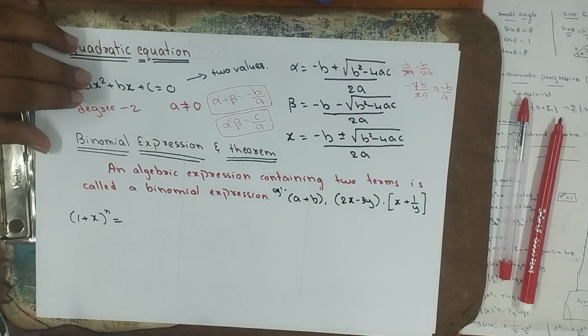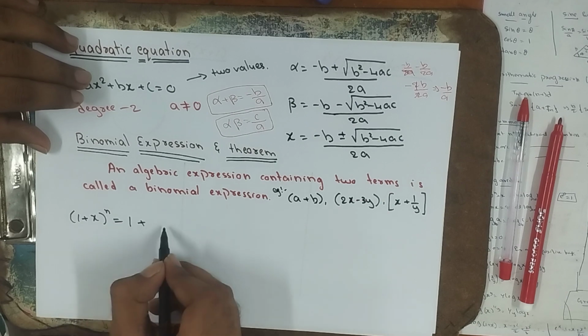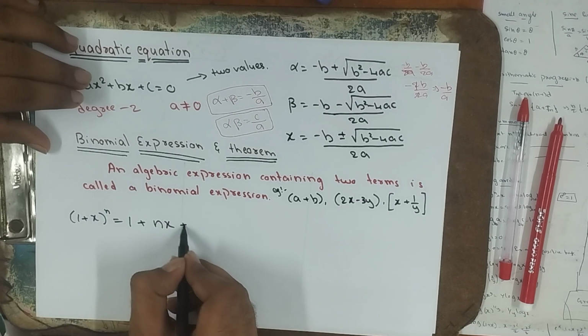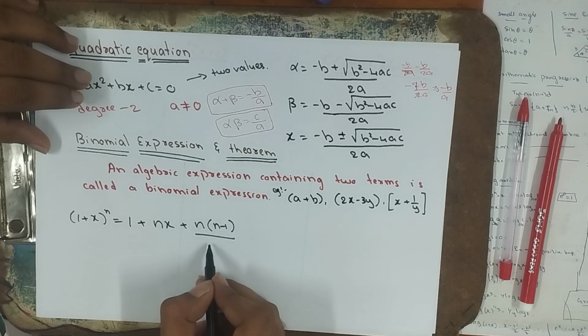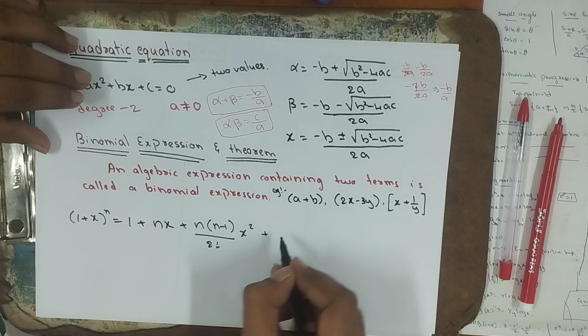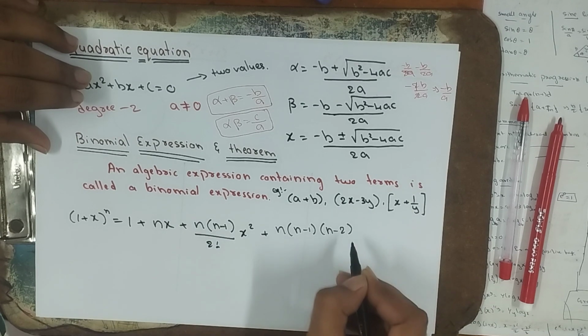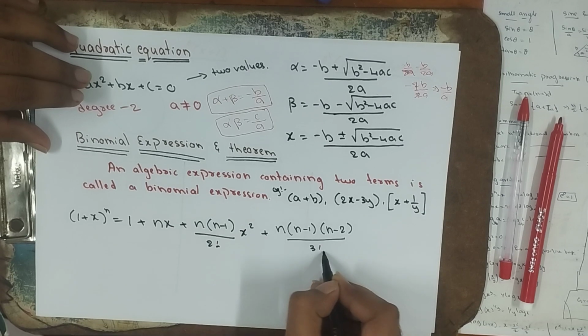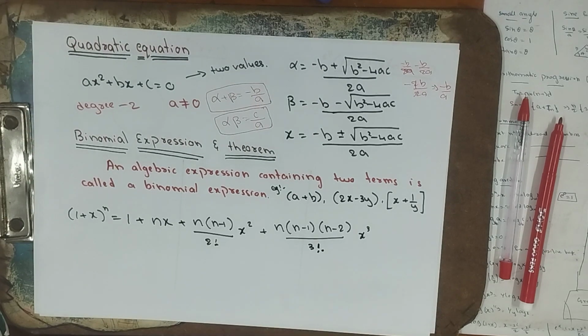If it is the case, then the answer comes: 1 plus n x plus n(n minus 1) divided by 2 factorial x square plus n(n minus 1)(n minus 2) divided by 3 factorial x to the power of 3. This is your binomial theorem.